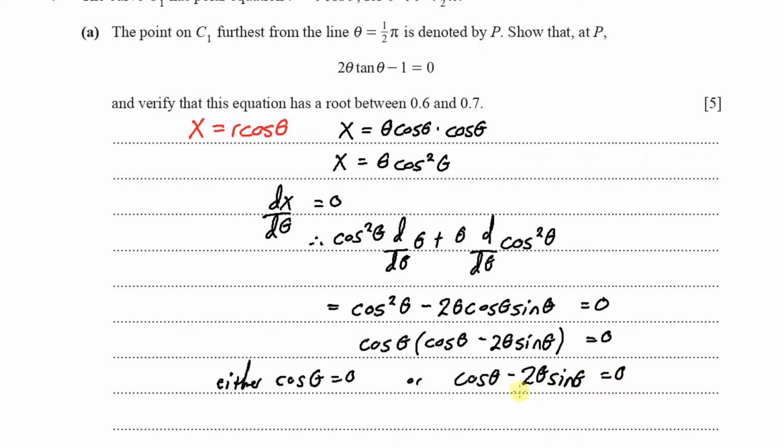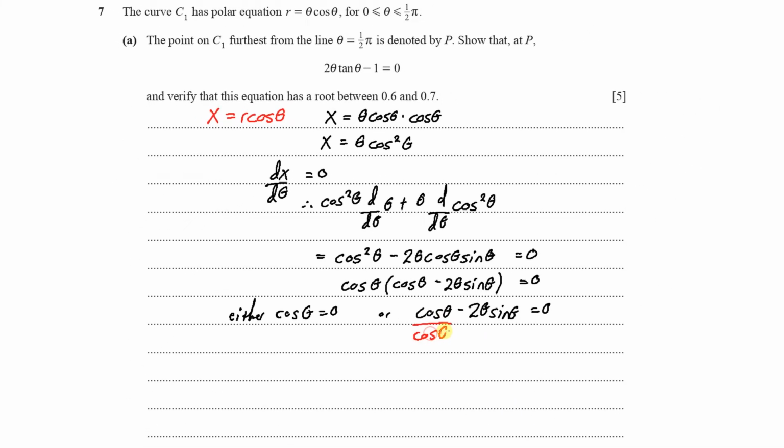So here I can manipulate this so that it can give me something like this. And how I can do that is I can divide both sides by cos theta. So I'll divide all the terms by cos theta. And if we do that, it means here we're going to get 1.